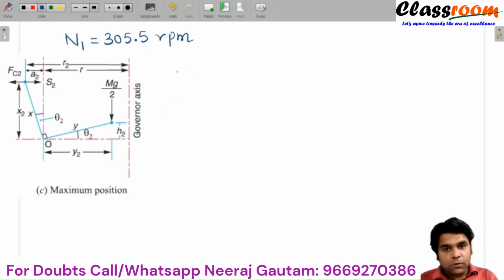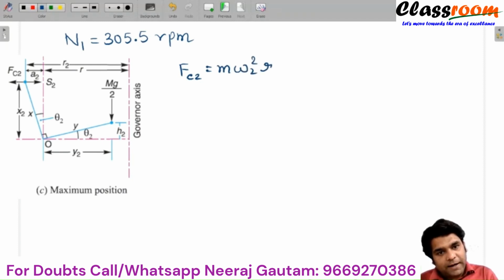Here again Fc2 for this configuration is mass omega 2 square into r2.